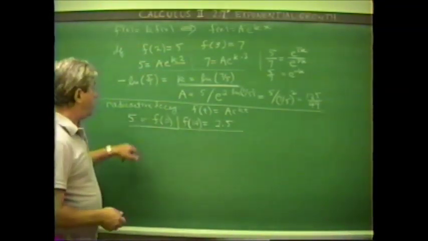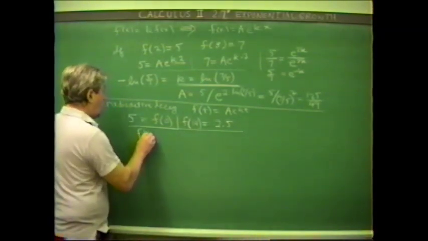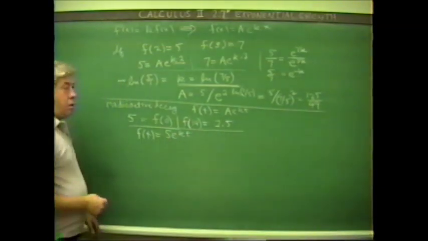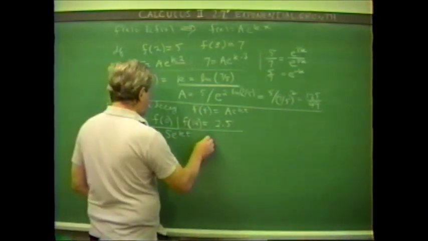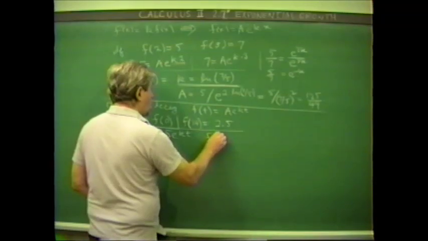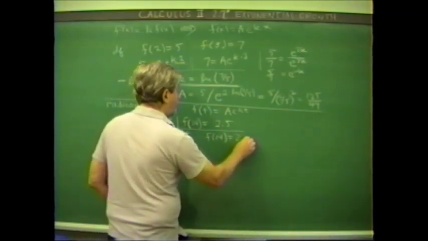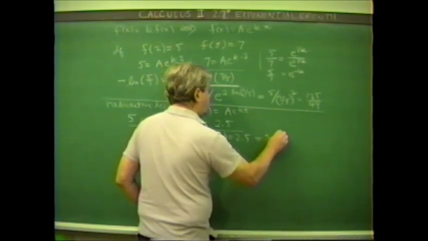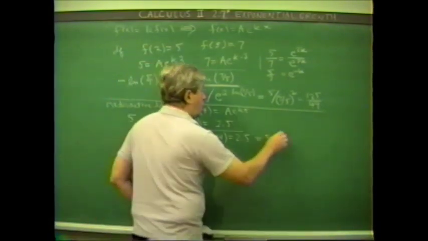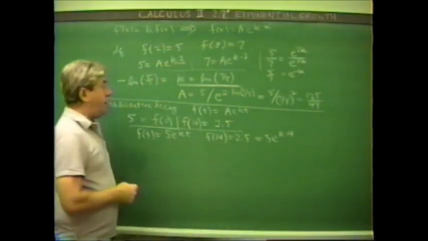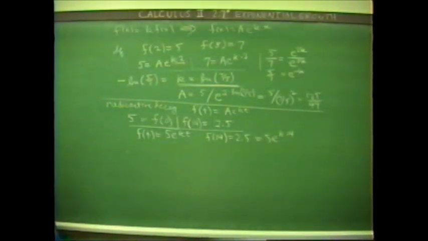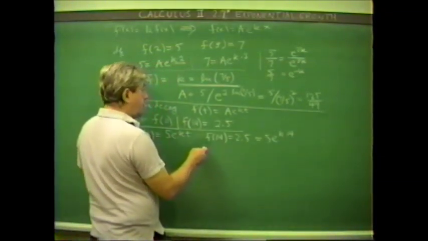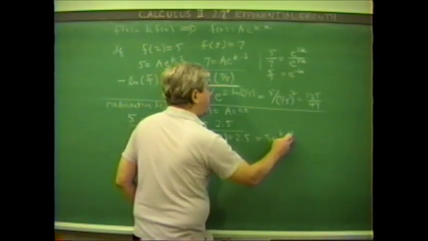Well, since f of 0 was 5, we get that f of t is 5 e to the kt. And now, since we know that f of 14 is 2.5, we get that 5 e to the k times 14 is 2.5. 14 is the half-life here. And from this we can determine what k is.